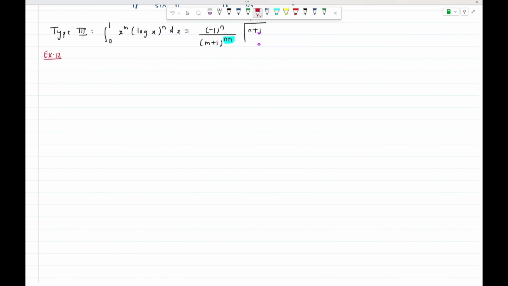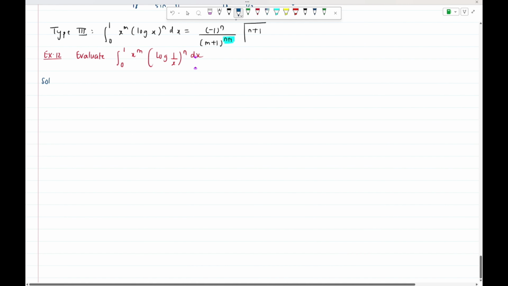So example number 12. Let's try and evaluate the integral from 0 to 1 x raised to m log of 1 by x raised to n dx. Now, as you see, it is looking like type 3, but there is a slight variation in the argument of log. We need log of x, but over here we have log of 1 by x. So we have to rework that, and we are going to use the logarithmic properties.